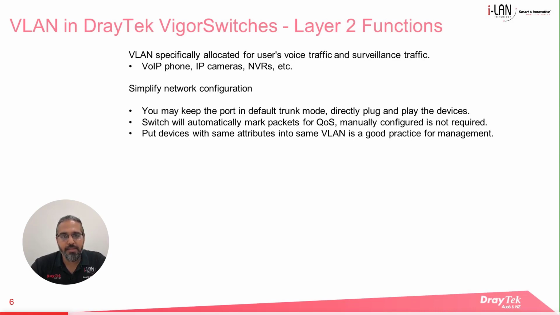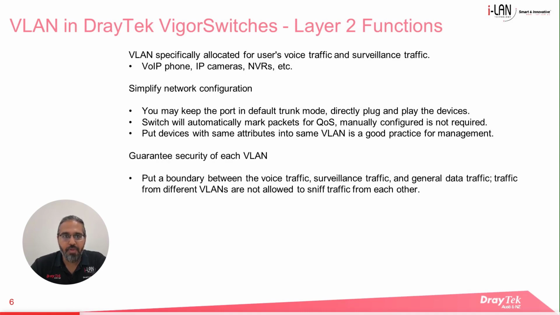Using these VLANs helps to simplify the network configuration by keeping the Vigor switch ports in default trunk mode. Devices can be plugged into these ports with minimal configuration required in the switch. The Vigor switch will automatically mark packets with QoS attributes and place devices in the correct VLAN.